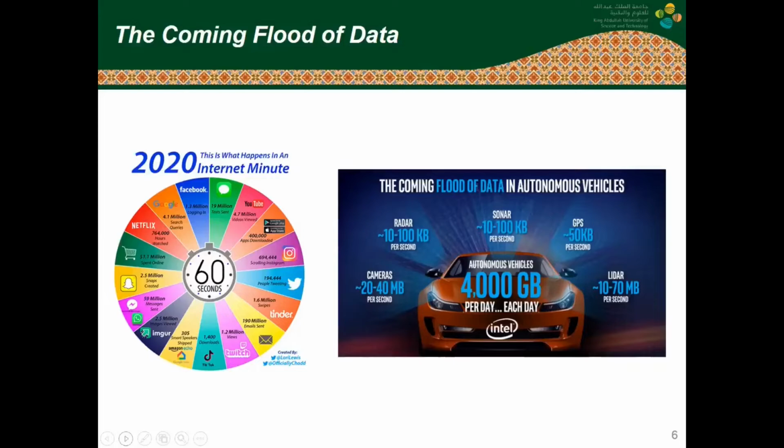So you have all kinds of devices within the car connected to the infrastructure, to other vehicles, to the network in general. And obviously, there is a lot of need to exchange and transfer data wirelessly.